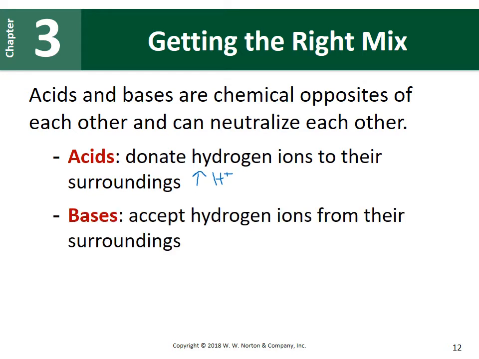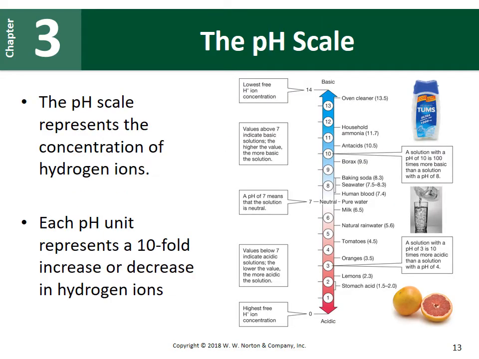Bases are the opposite. They will accept or absorb hydrogen ions from their surroundings. So these are solutions that have low hydrogen ion concentration. We can measure the hydrogen ion concentration in our solutions, and when they're measured, we can place them onto a pH scale.